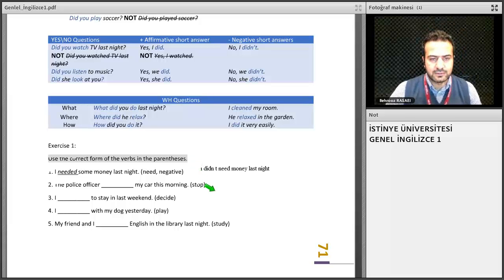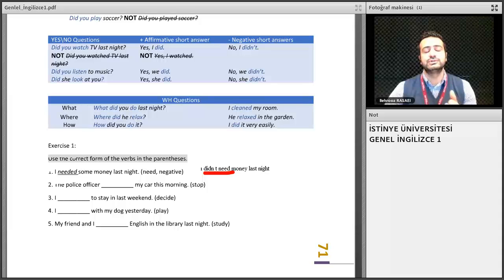So be careful with this. With this, didn't need, you need to make it negative, and because you're talking about the past, you need to use didn't. So after didn't, you need to use verb 1.